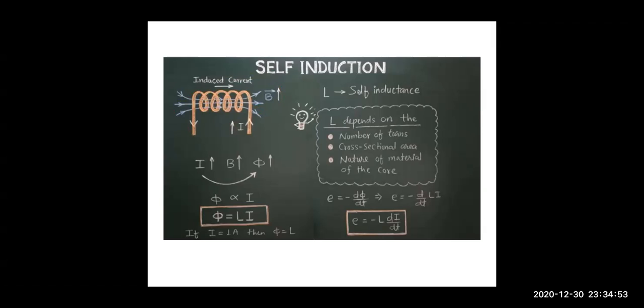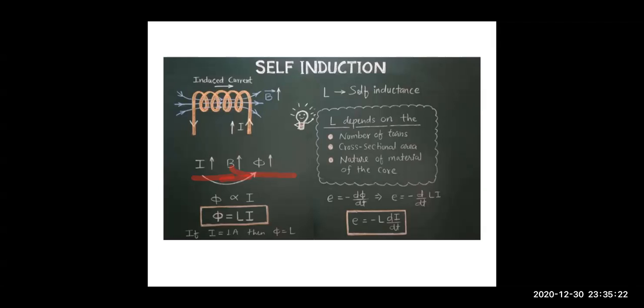Okay. Now, for example, here we can see that if the current I in the coil increases, then the magnetic field will also increase. And as the magnetic field increases, the flux that is linked with the coil will increase. So as the flux is increasing, an EMF or current will be induced in the coil.